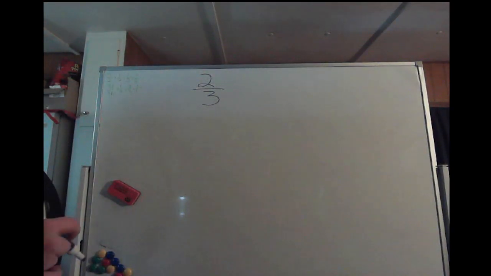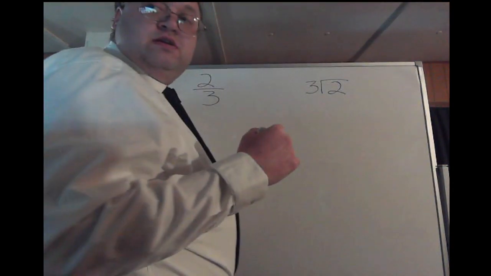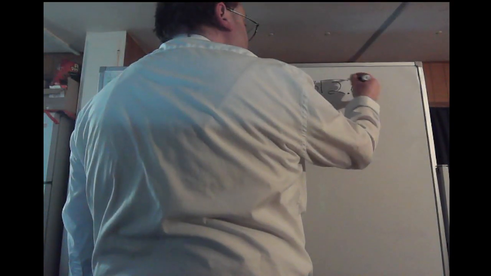This time, let's do 2/3. We'll have 2/3 for our fraction. Again, the 3 doesn't go into 10, 100, 1,000, or any power of 10 for that matter, so we are stuck doing long division. We will have 2 divided by 3. Let's go ahead and put a 0.0 in the dividend.